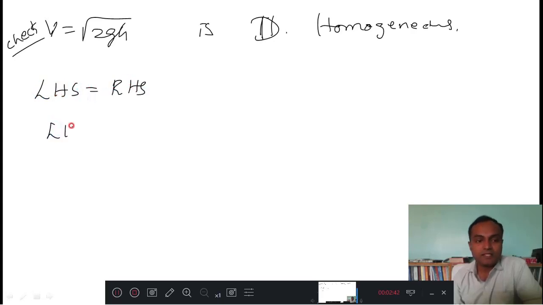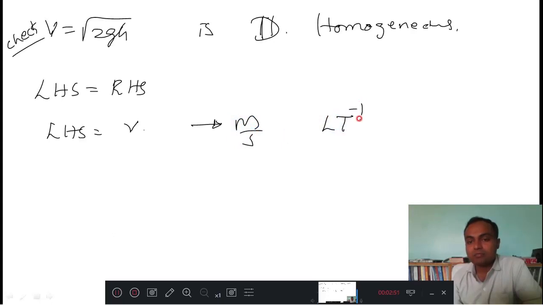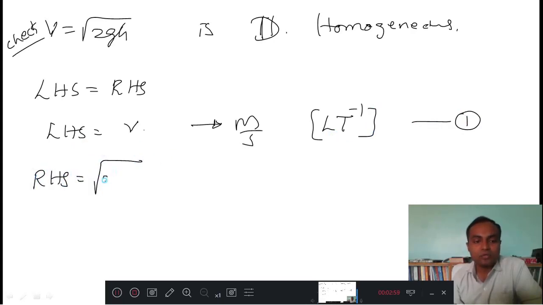Then what is the LHS? LHS is velocity, the unit is meter per second and its dimension is L T raised to minus 1, correct? Call this equation number 1. Then what is the RHS? RHS is root 2GH, which I can write as (2GH) to the power 1 by 2.